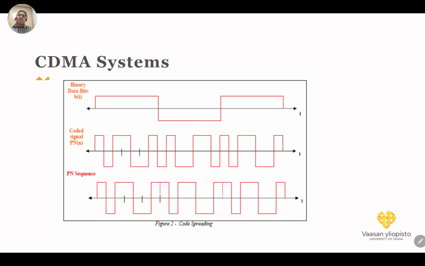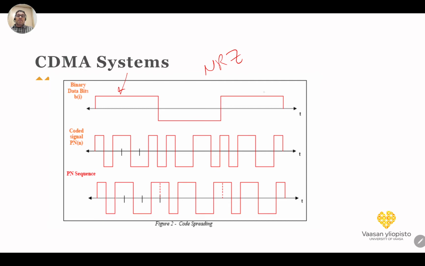So what is the idea of CDMA? Assume that these are the information bits that you have. You have binary bits like 1 and 0. Here we use non-return to zero, which means that 1 is represented by 1 and 0 is represented by -1. So in that case we have 1, -1 and 1.